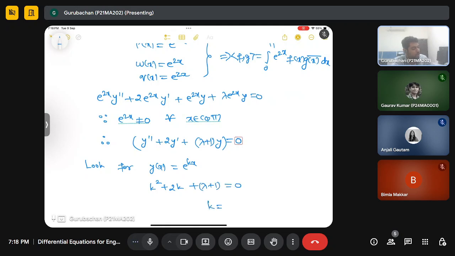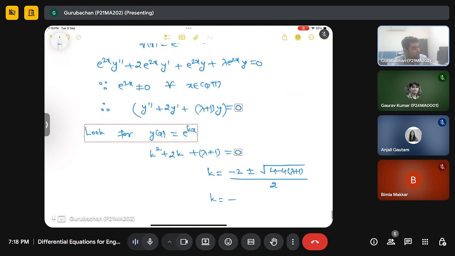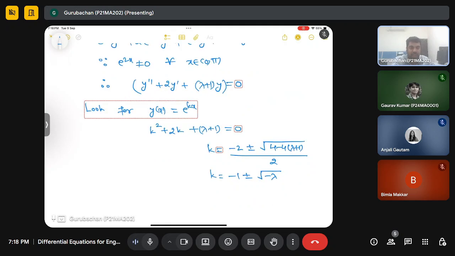So from here k will be nothing but minus 2 plus minus under root of 4 minus 4 times lambda plus 1, divided by 2. So this will give you minus 1 plus minus under root of, since 4 will cancel out, minus lambda. So again you will divide into cases: lambda greater than 0, lambda equal to 0 and lambda less than 0.